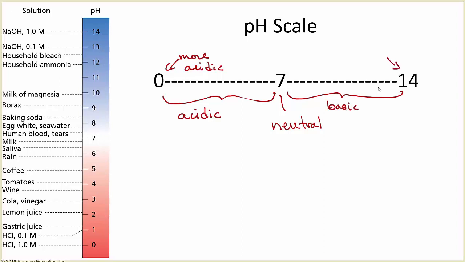And this is more basic on this end. Now, again, what this has to do with is hydronium ion concentration. So more acidic means more hydronium. And less acidic, more basic means less hydronium.